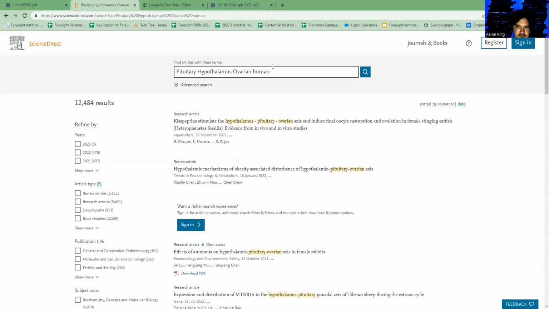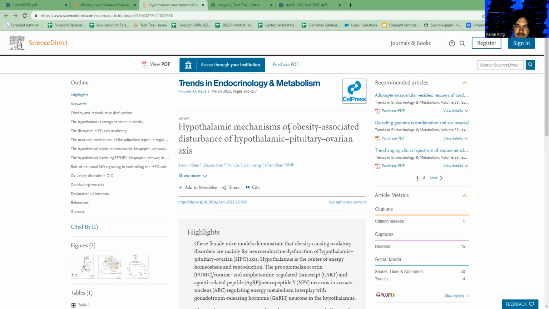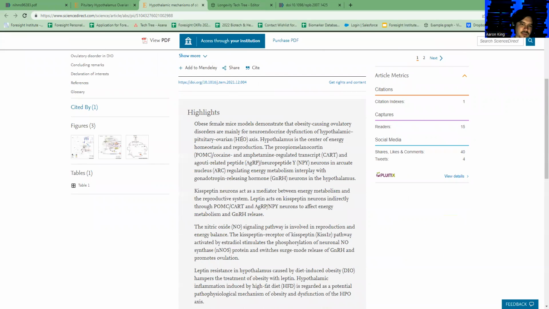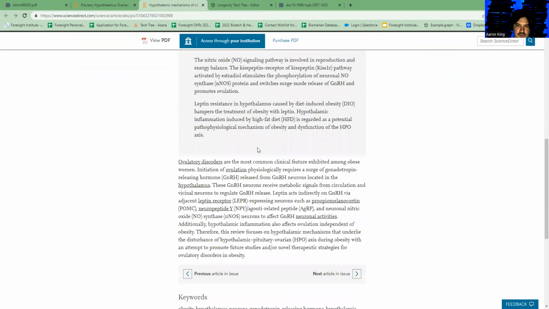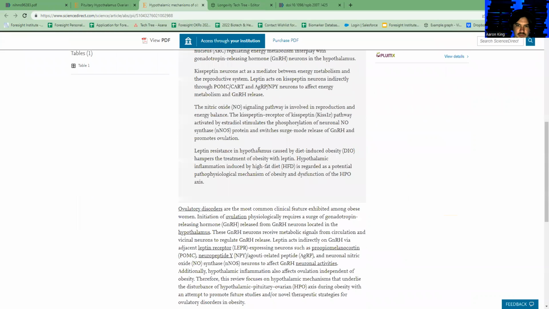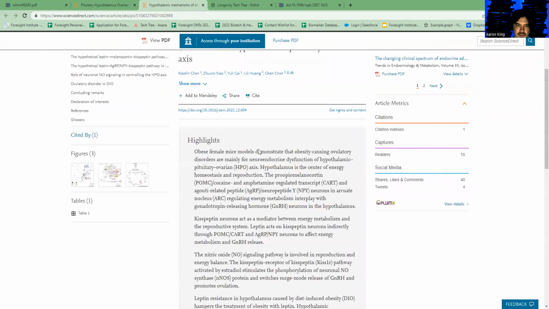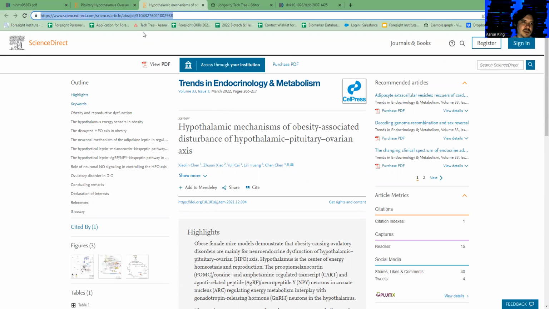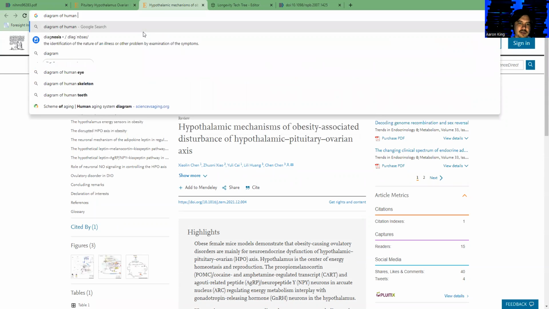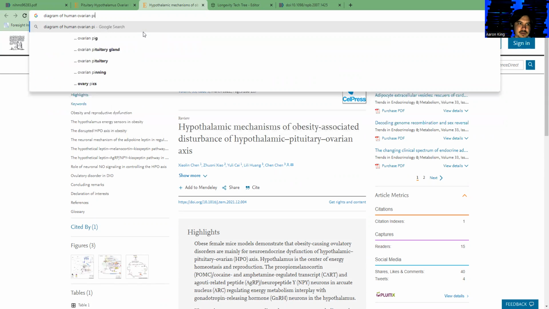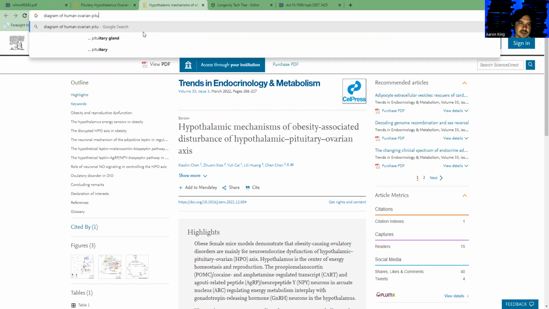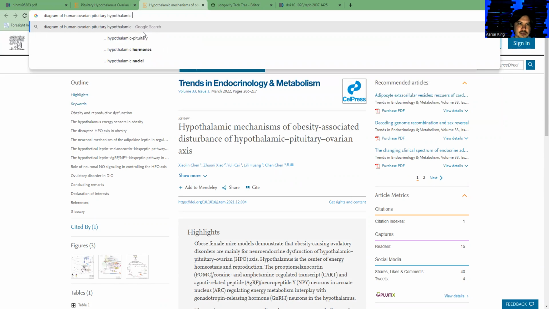Human. You see this? Mice. Diagram of human ovarian pituitary axis.